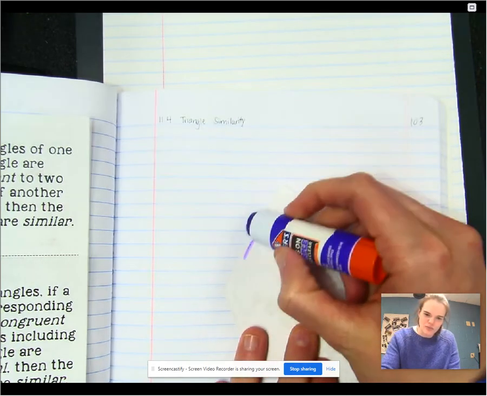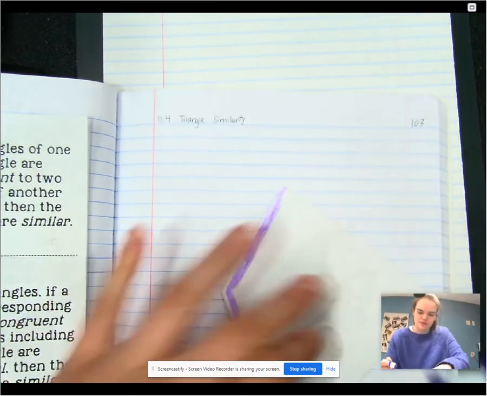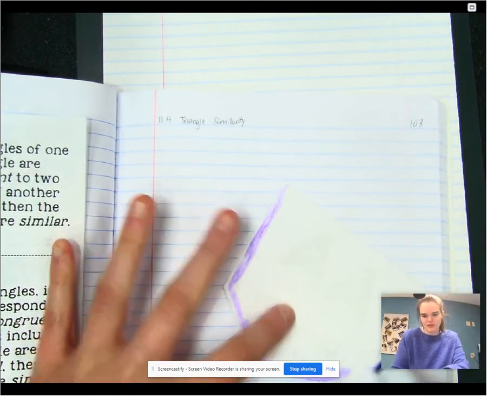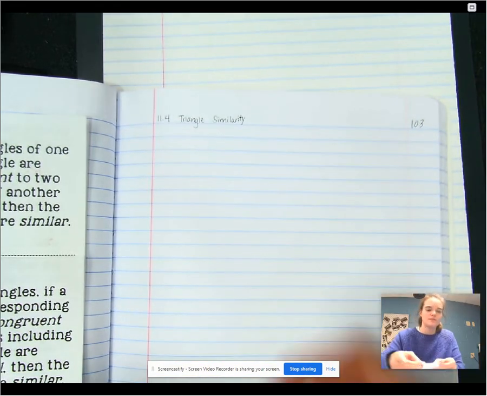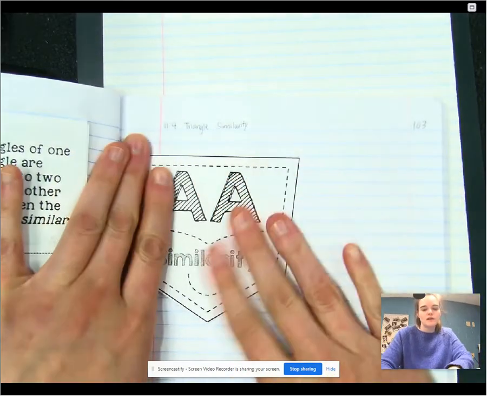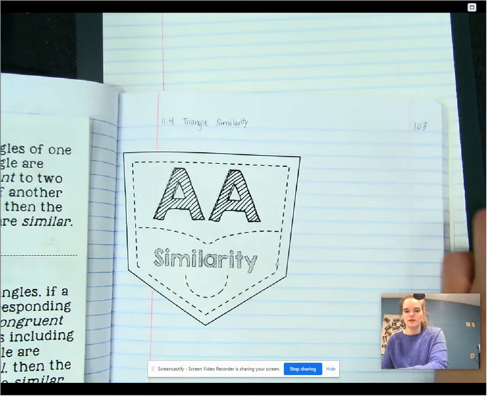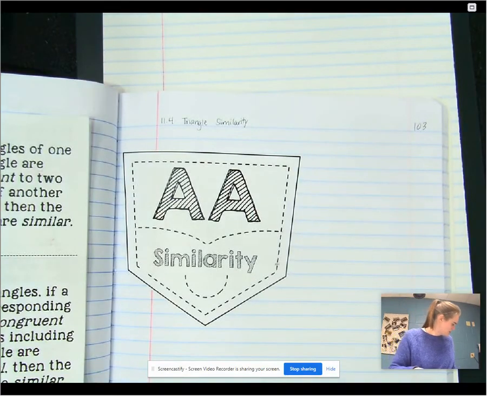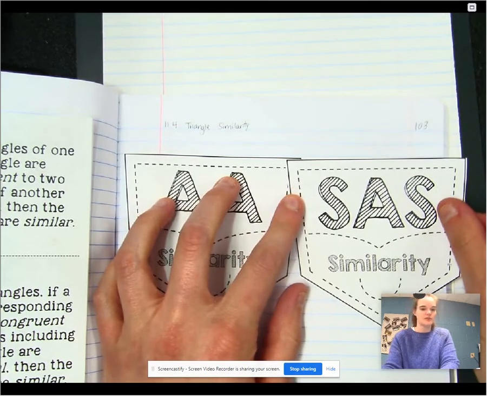So what I mean is just put just enough. It's a pocket. So I need to be able to stick stuff down in here. Okay. Alright. And this notebook looks like it's even smaller than the other one because these pockets are too big.